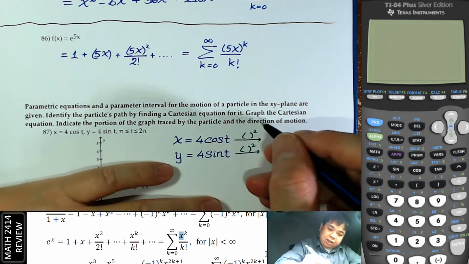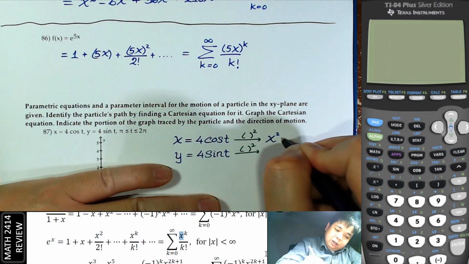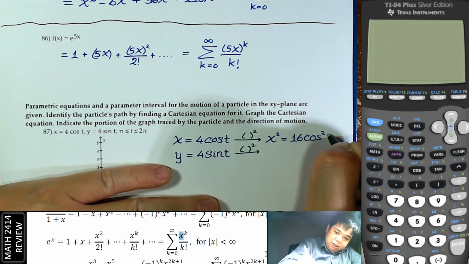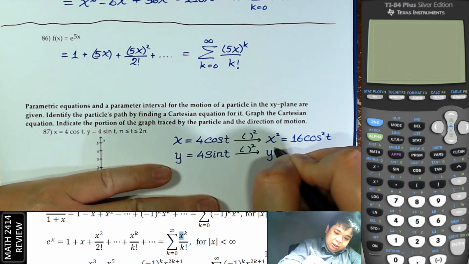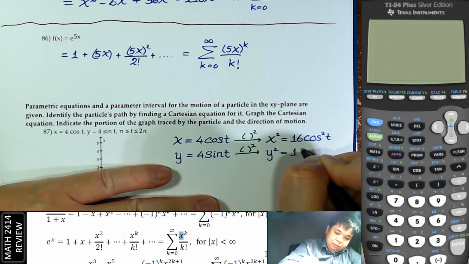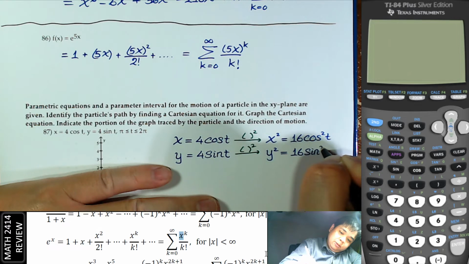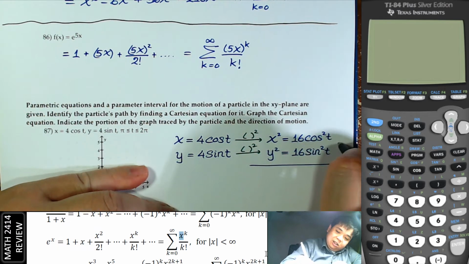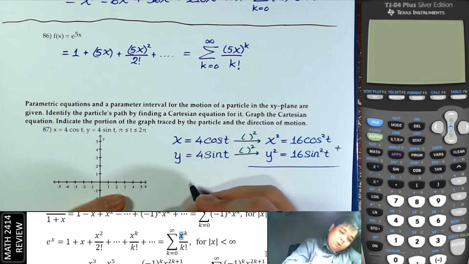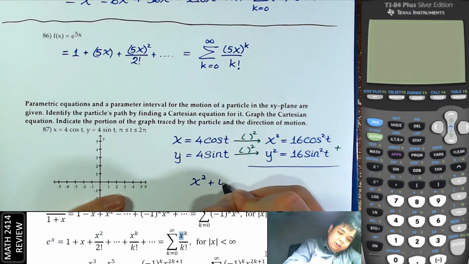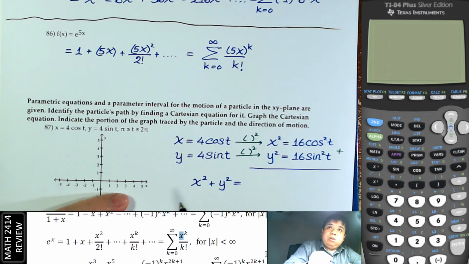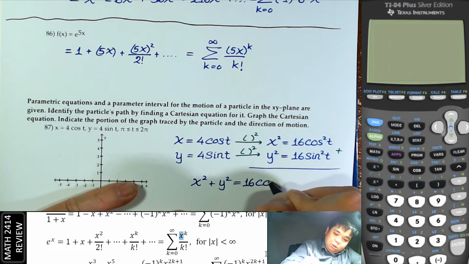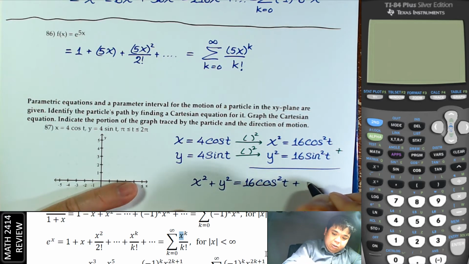That gives us x squared equal to 16 cosine squared t. And then we just add side by side. That gives us x squared plus y squared equal to 16 cosine squared plus sine squared.